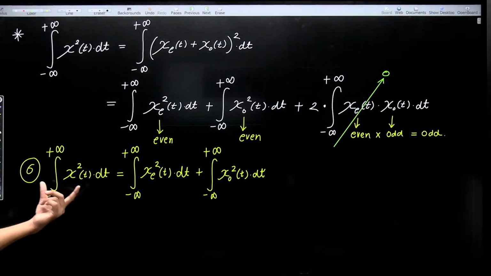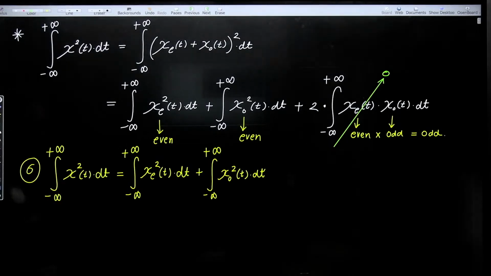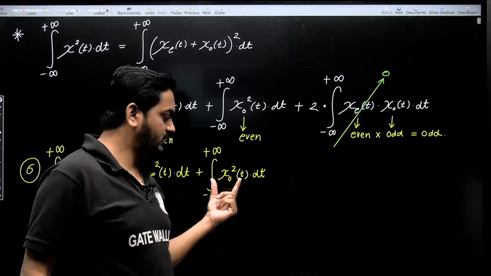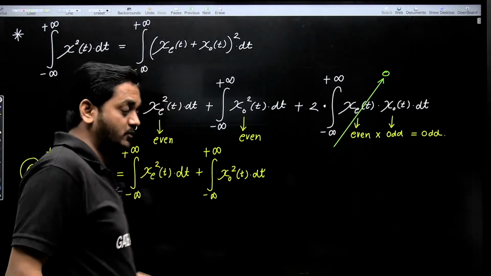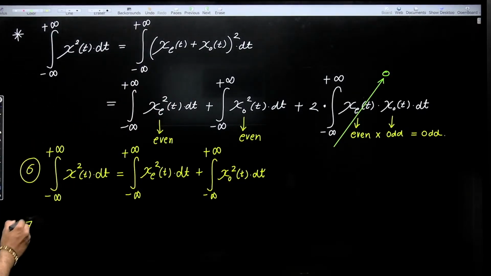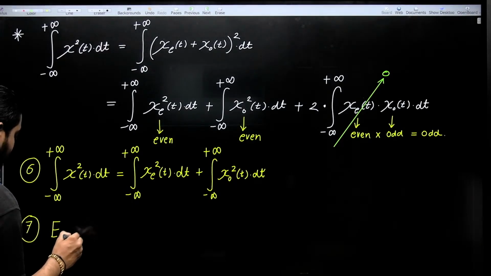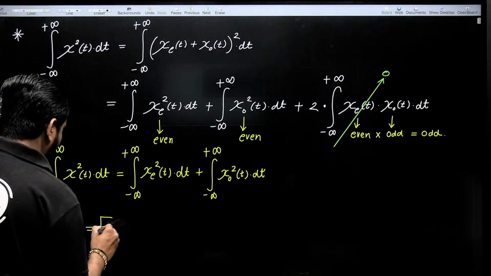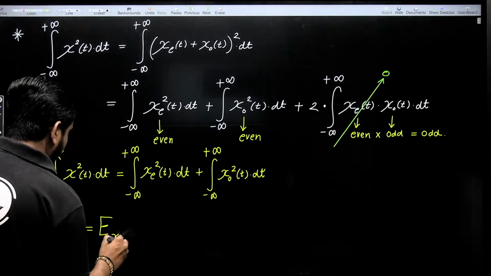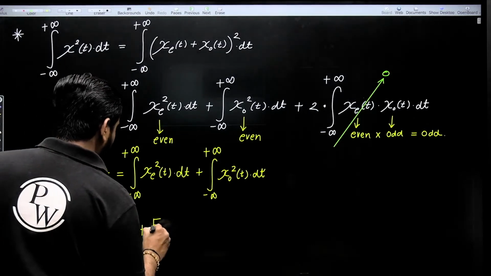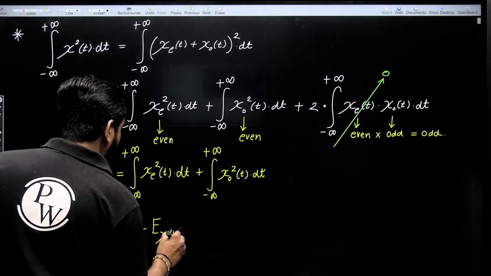Now see, can we say this is nothing but the energy of x of t? Can we say this is the energy of its even part? Can we say this is the energy of its odd part? So one more result from this: the energy of x of t is given by the energy of its even part plus the energy of its odd part.